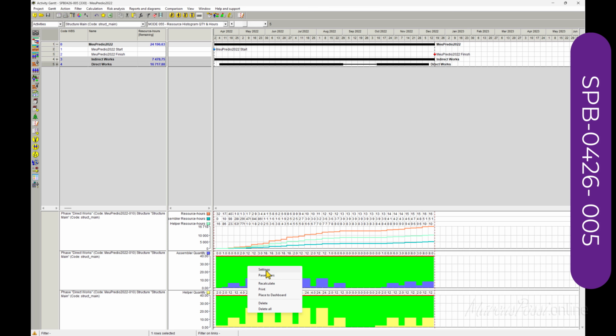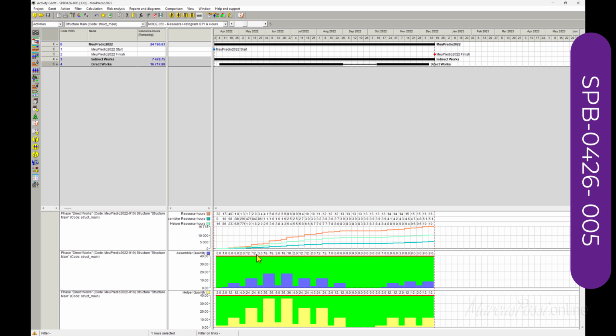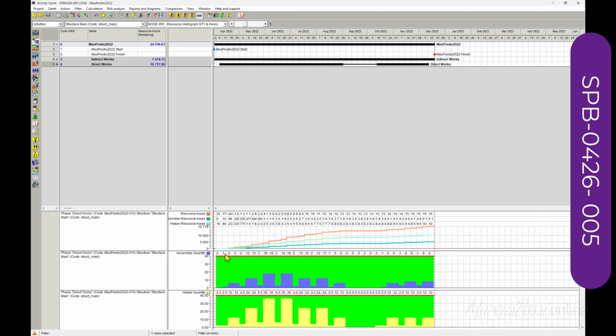Quantity. I think you overdo your obligations, settings. You marked this checkbox, show resource availability. This item gives us some interesting information. Quantity. I will set no decimal places here. I use 1, 6, 2, 12, but I have 40 assemblers.